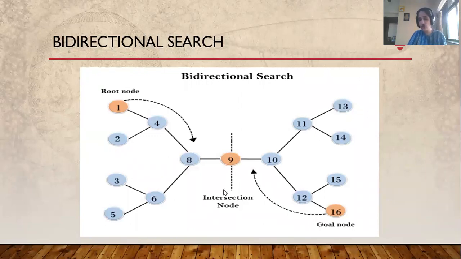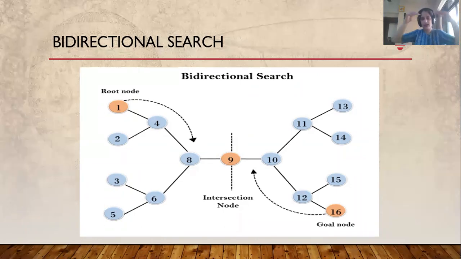So you can imagine that it will be after a very long time. Or it may also happen that, because the state space over here is very small, even in one subgraph it has moved till the end, and in the other subgraph it has moved till the end. After they have moved to the end and realize that there is nothing forward and they have not even reached the intersection node, they have to backtrack again and continue the search. Again, it might be possible that after certain backtracking they are still parallel.